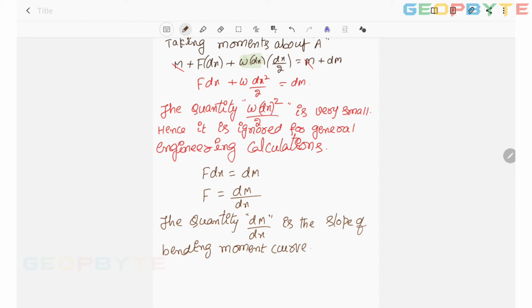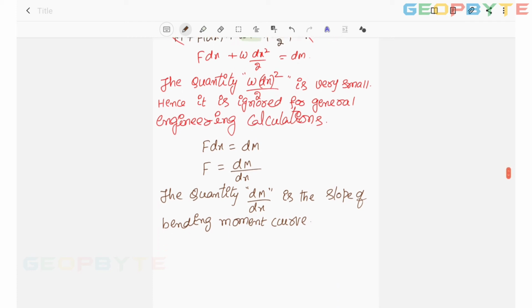And remember, F is the shear force, that is equal to dM by dx. That means shear force is equal to the rate of change of bending moment with respect to distance. The rate of change of bending moment with respect to the distance of the beam is equal to shear force.